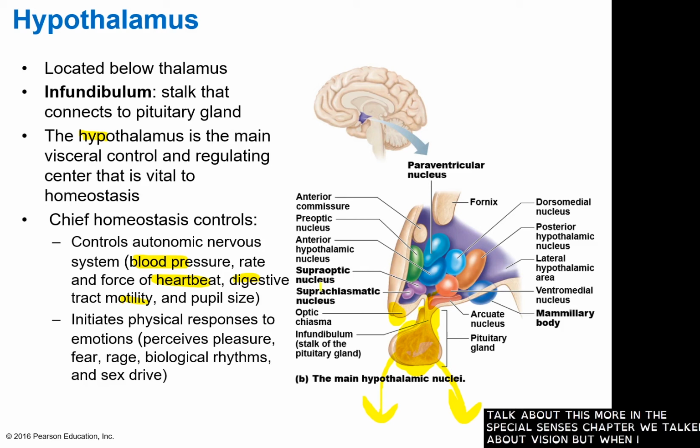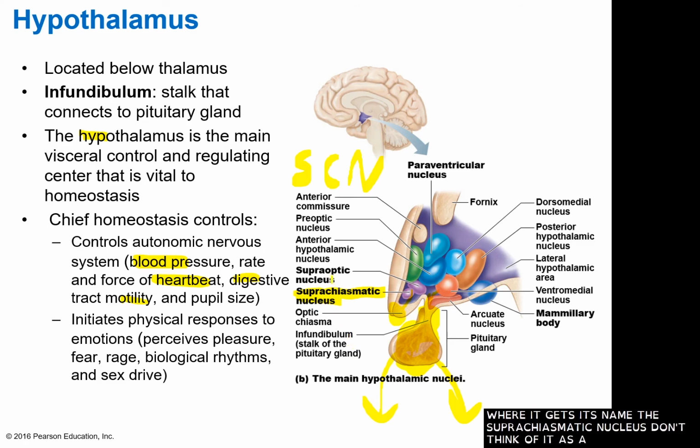But I'll also talk about this nucleus here called the suprachiasmatic nucleus, or the SCN. There's a little nerve that comes up here to the SCN, and it helps regulate your sleep cycle. So supra, above, the chiasma, and it's a nucleus. That's where it gets its name.